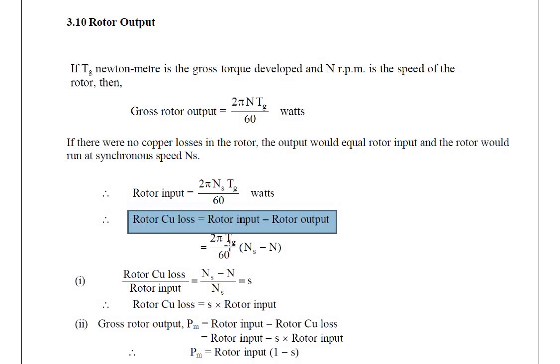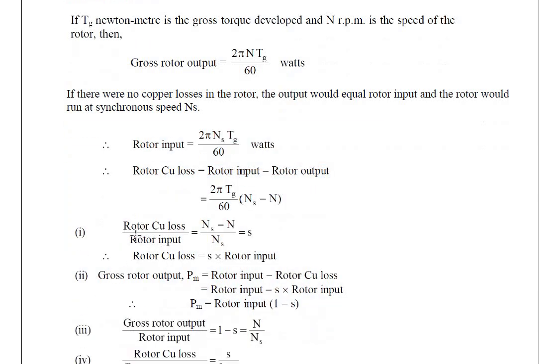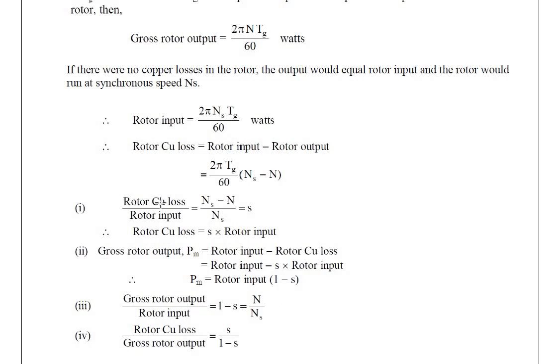So we get 2 pi Tg divided by 60, taken common, times the bracket (Ns minus N). From this we can say that rotor copper loss divided by rotor input is equal to (Ns minus N) divided by Ns.